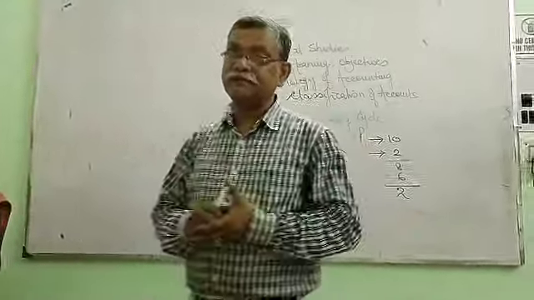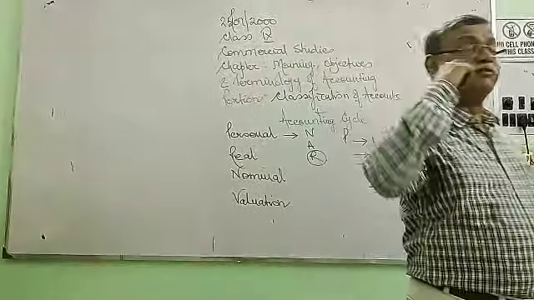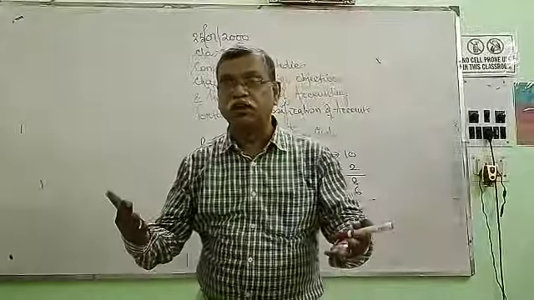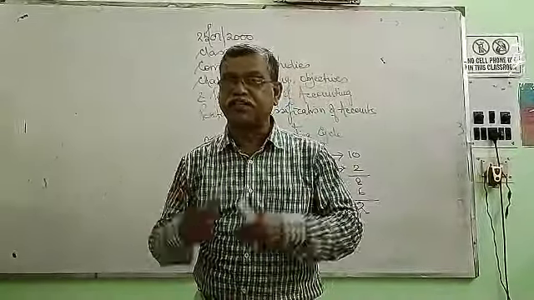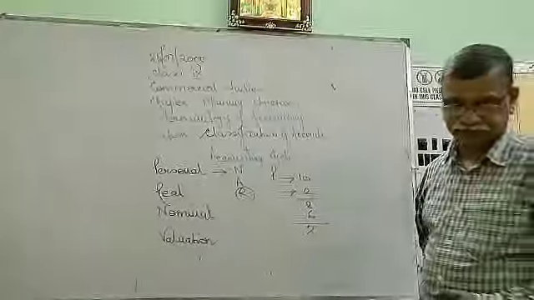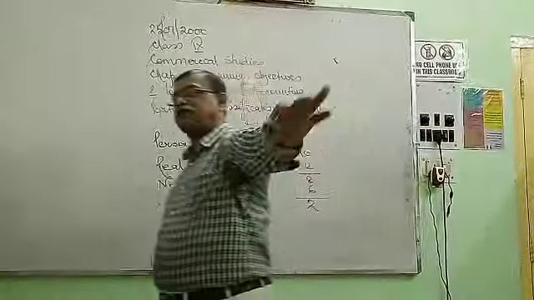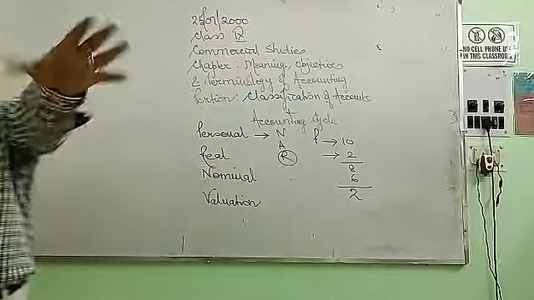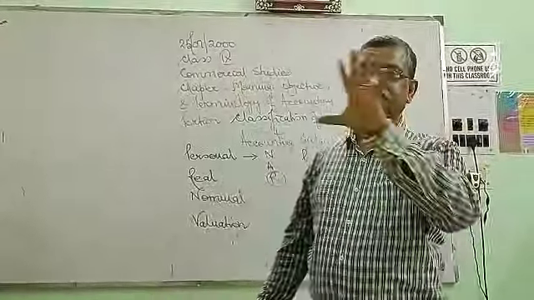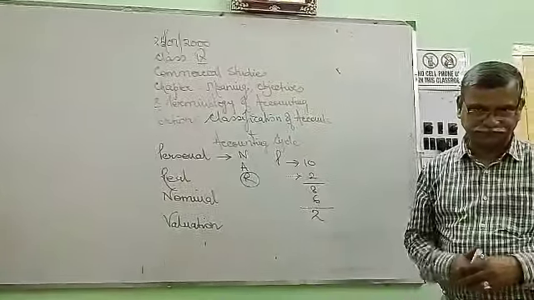So you have secured 95 beyond expectation and you want to show your love and respect to the teacher. So you go to a restaurant, and you order 5 packets of mutton biryani and 5 packets of chicken korma.